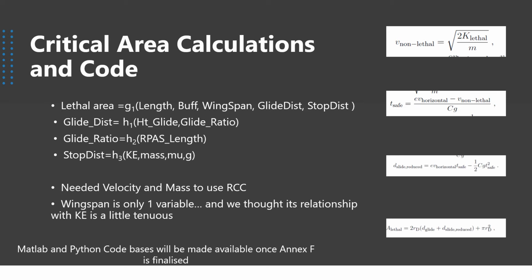What I've put there is just an allude to the various calculations and some of the things we did incorporate and the functions that were written and the variables that go into it. I'm not going to elaborate on them in any great way, but what we did find as we worked through this, that mass alone or wingspan alone or velocity alone were not particularly good when considered in isolation, and that velocity and wingspan were a better combination for predicting critical area. And as you'll see, we've gone with that.